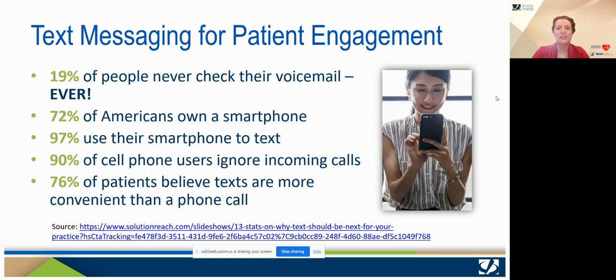Not everyone is good about checking their phones and voicemail, and the world is changing, our technology is changing, and therefore we are doing our best to adapt with that. So we have seen that text messaging is a valuable way to engage patients around a variety of topics, including prediabetes.